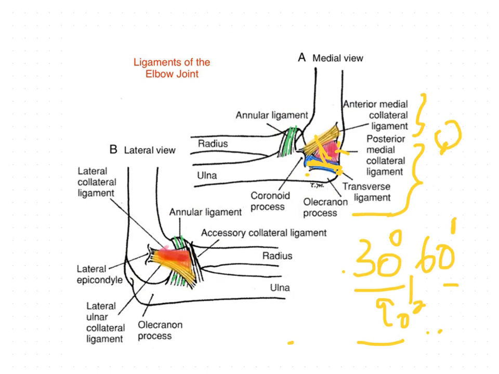Okay, so a repeated valgus stress on the medial collateral ligament occurs during many activities, but injury to these ligaments takes place most frequently during the backswing position of pitching.